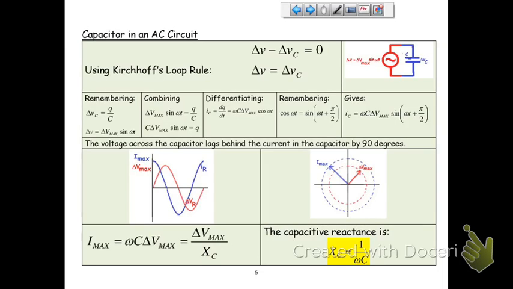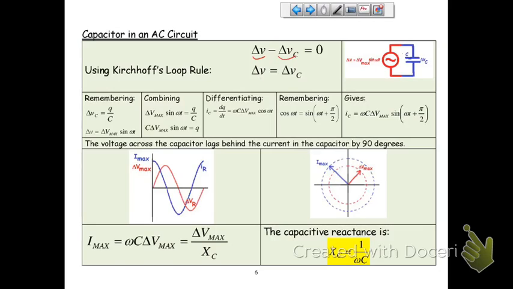If I do the same thing for the capacitor, then again our EMF is equal to our potential difference, and they have to sum to 0. So then we get one equals the other. And we do the same math.